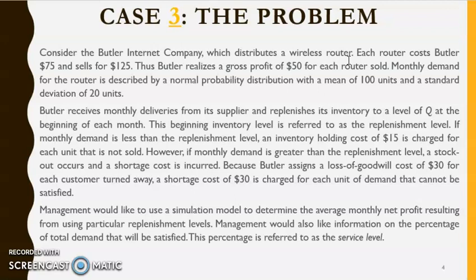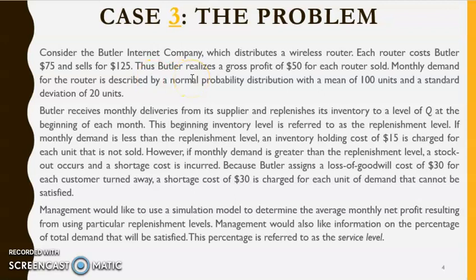Each router costs Butler $75 and sells for $125, exactly the same as the previous inventory problem that we had, that over there on one side we had the production cost, if you remember, that in different seasons or in different quarters they were different, and also about the selling that you see here, sells for 125.